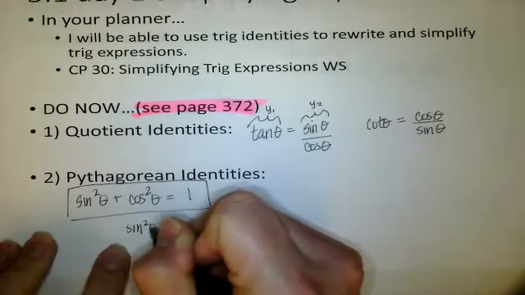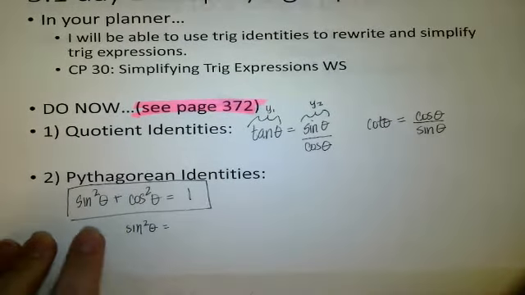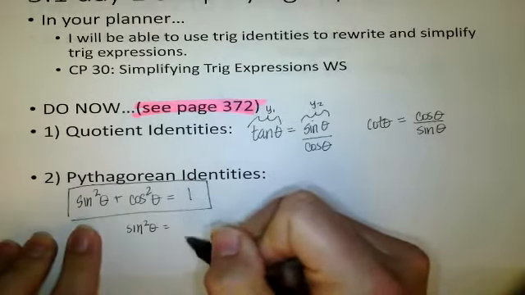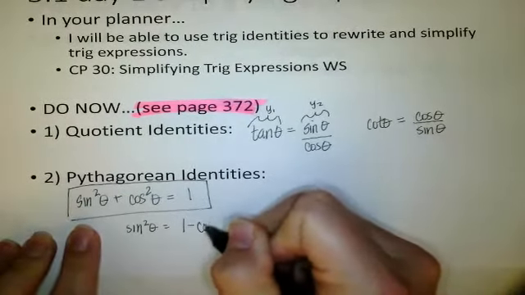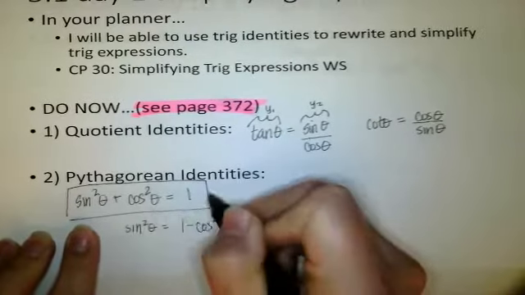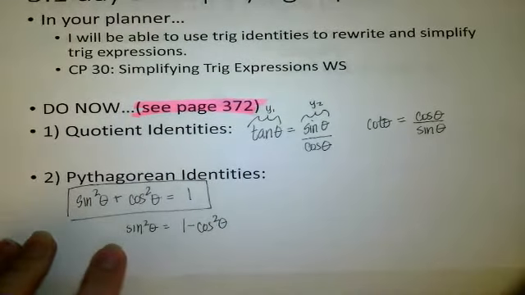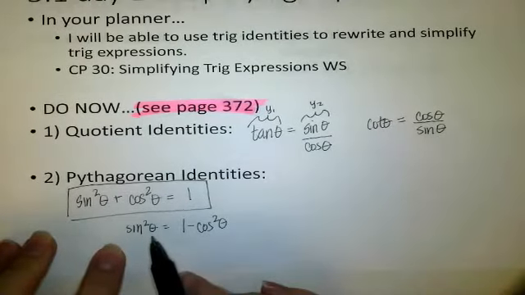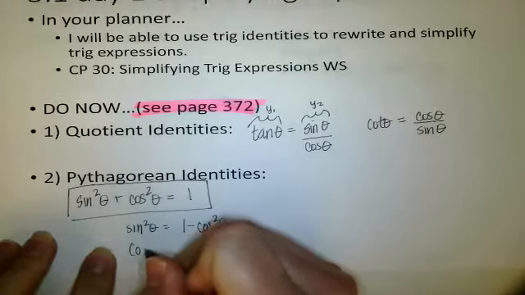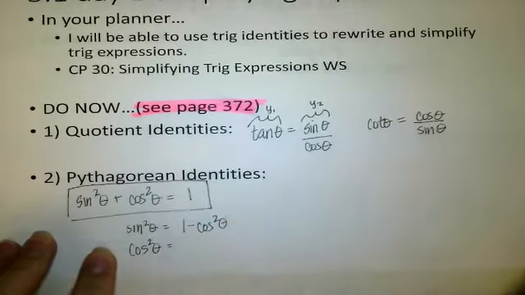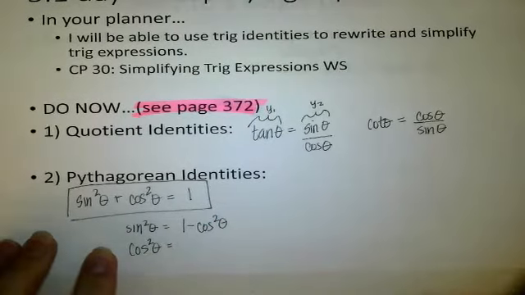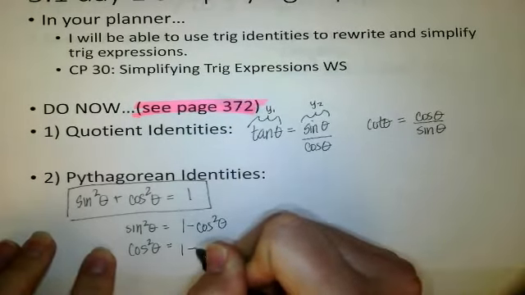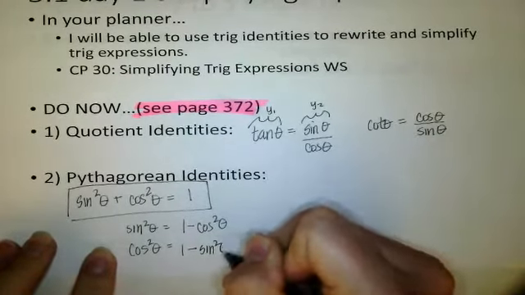If I get sine squared of theta by itself, what is it equal to? 1 minus cosine squared theta. All I have to do is move the term to the other side, and that gives me sine squared by itself. That's really important. Similarly, I could get cosine squared by itself, and cosine squared is equal to 1 minus sine squared theta.